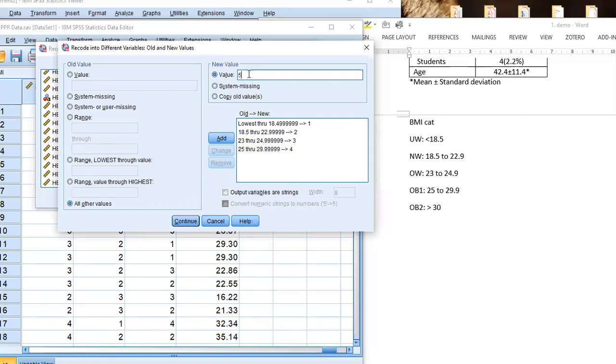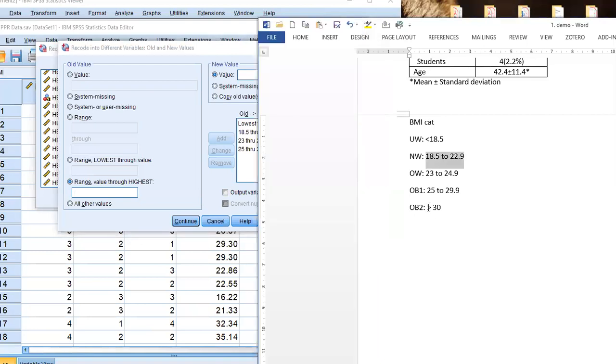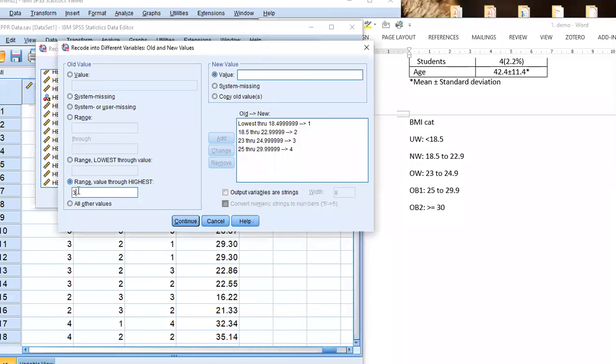From this value, range through the highest. Is 30 in obese 1 or obese 2? Obese 2, so it must be more than or equal to 30. So 30 and above is value 5.